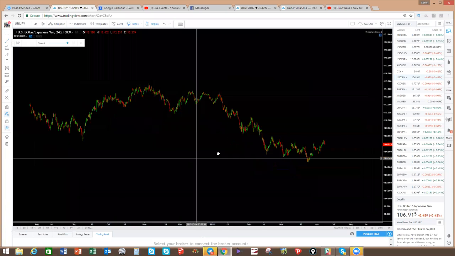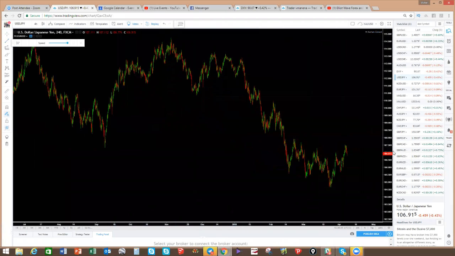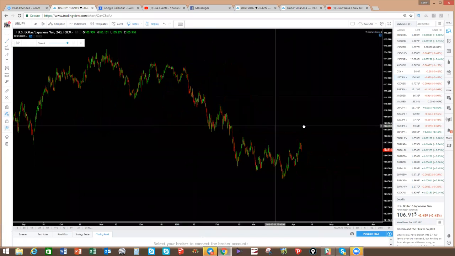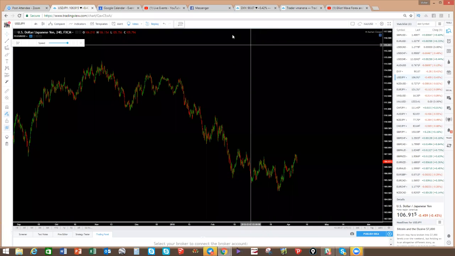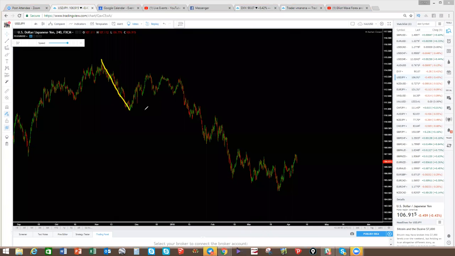Switch this off. So looking at the last piece, there are possibilities here. So this is the first piece, the first one, and a pullback. Pullback in this degree. And then internally, we've got this one here that makes an impulse and a regular flat or running flat, whichever one it looks like there.